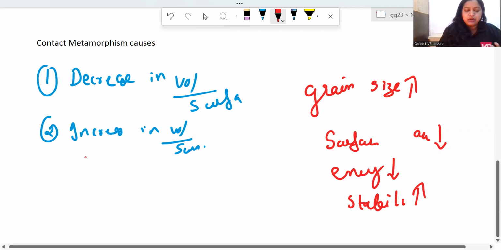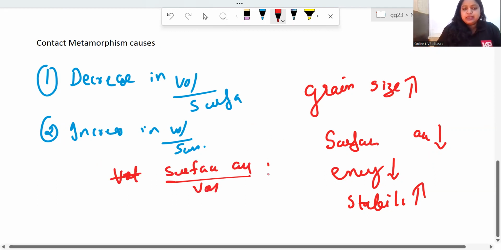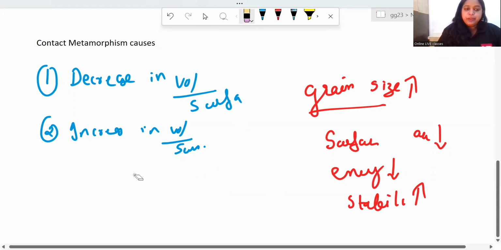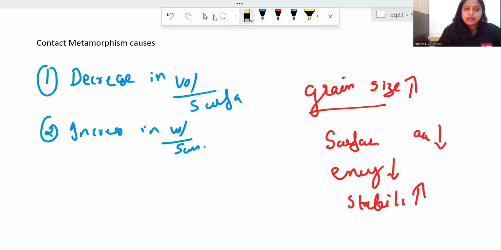So in this condition, sorry, the surface area is decreasing, and hence the surface area by volume ratio decreases.